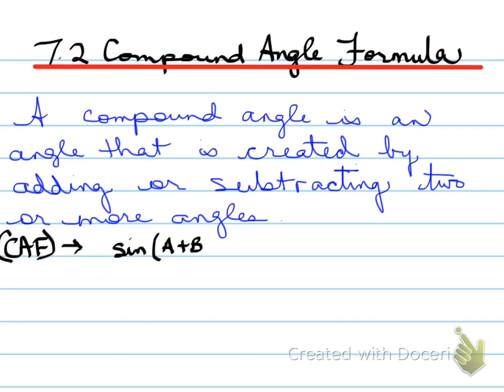But here are your compound angle formulas for sine, cosine, and tan, known as CAF for short. Sine of a compound angle is equal to sine A cos B plus cos A sine B. So this is what it is right here.